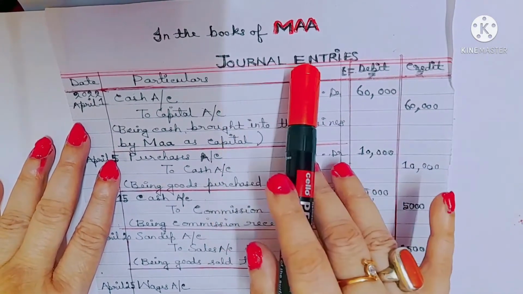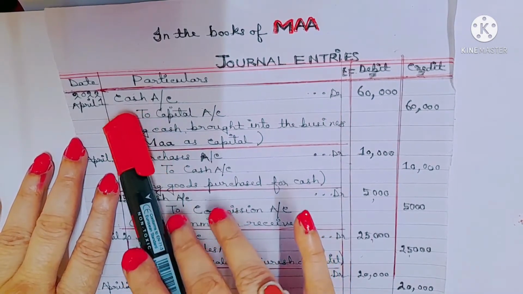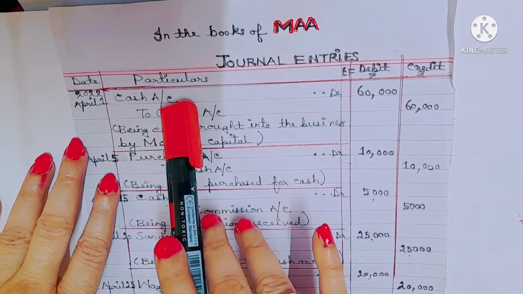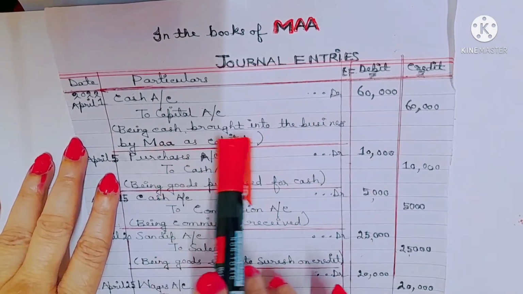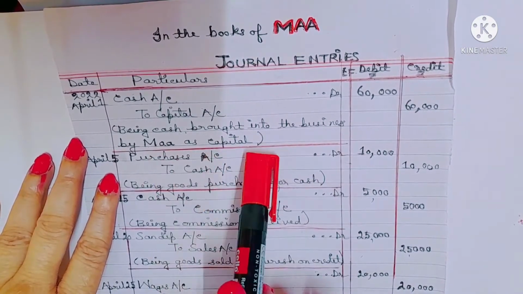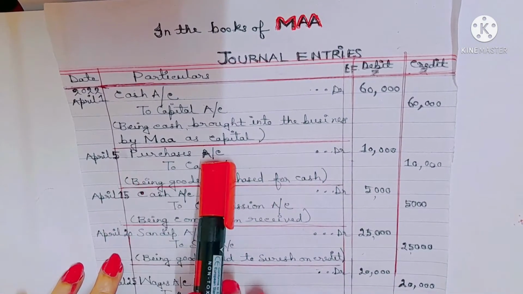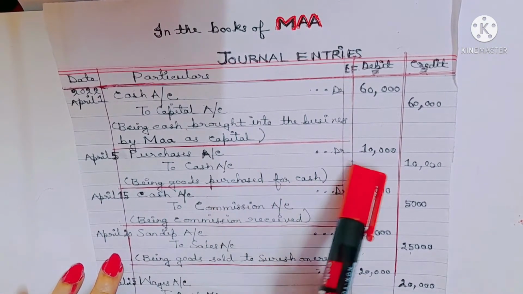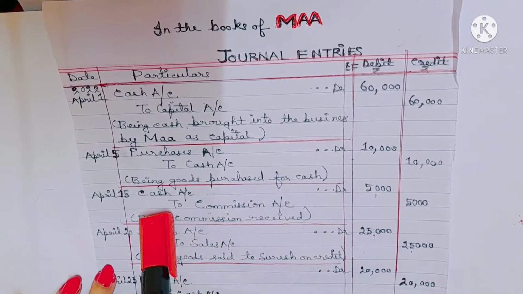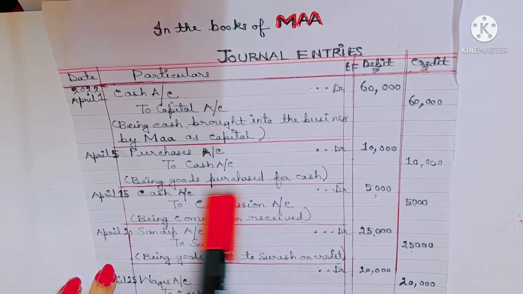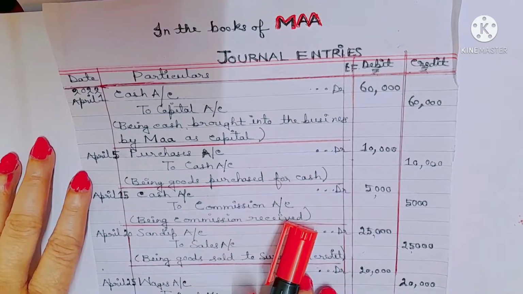See, in the books of Ma, journal entries. First journal on 1st April 2022, cash account debit to capital account 60,000, being cash brought into the business by Ma as capital. Second journal entry on 5th April, purchases account debit to cash account 10,000, being goods purchased for cash. Third journal entry on 15th April, cash account debit to commission account 5,000, being commission received.